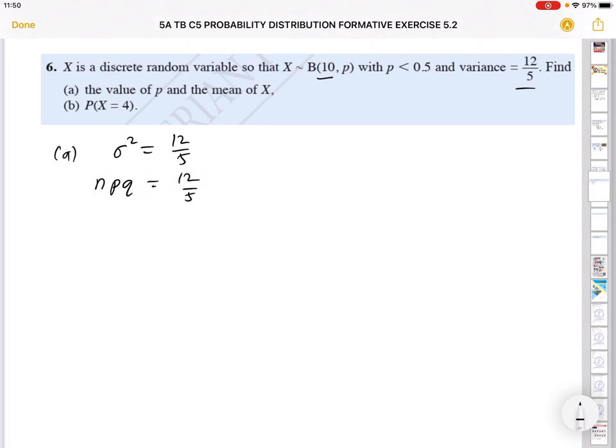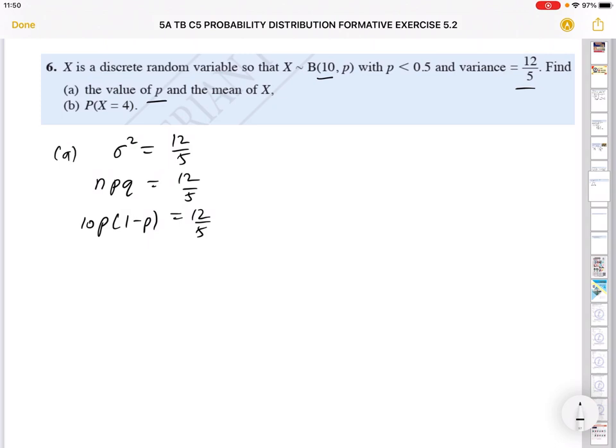Since I know n is 10, and I'm looking for p, I think it's better we straight away substitute q with 1 minus p. I don't want to write a lot of steps, like forming equation 1, equation 2, p plus q equals 1. I think it's a bit long.